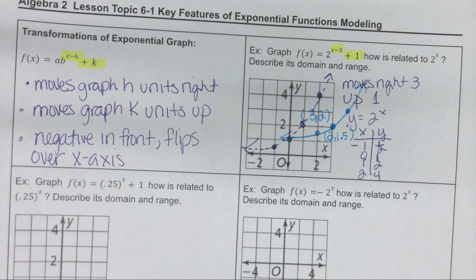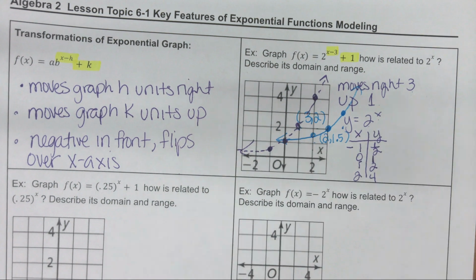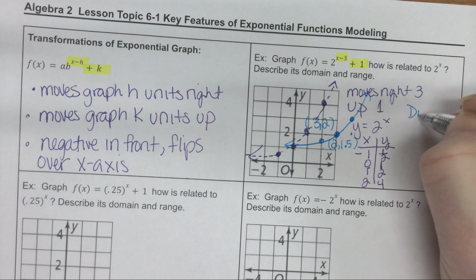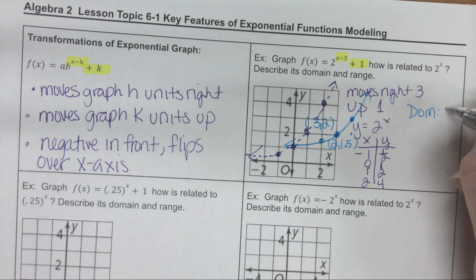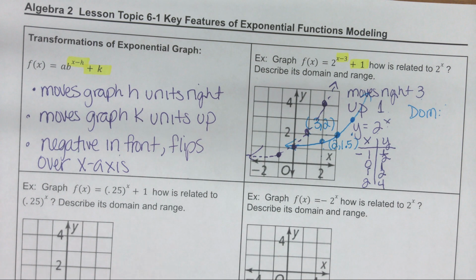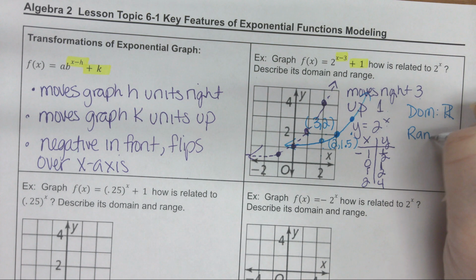So yesterday we talked a little bit about domain and range, and we said for all exponential functions the domain is all real numbers. And I said the range, let's look at the purple graph.